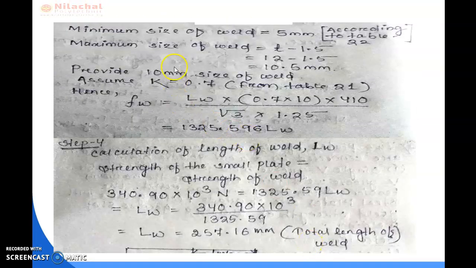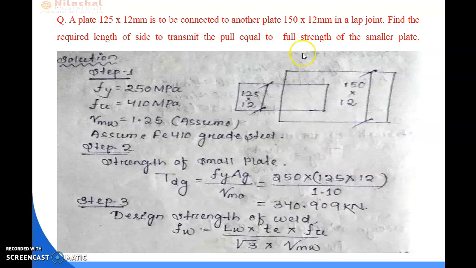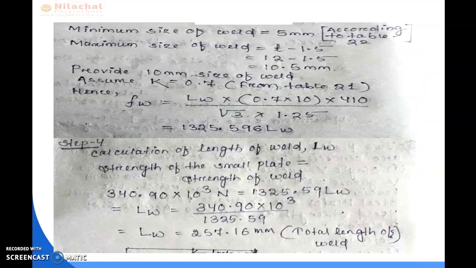For the size of the weld, we have to take two criteria: one is the minimum size of the weld, another is the maximum size of the weld. According to table number 22, the thickness of the plate is given as 12 mm, because both plates have the same thickness. For 12 mm, the table gives the minimum size of the weld as 5 mm.